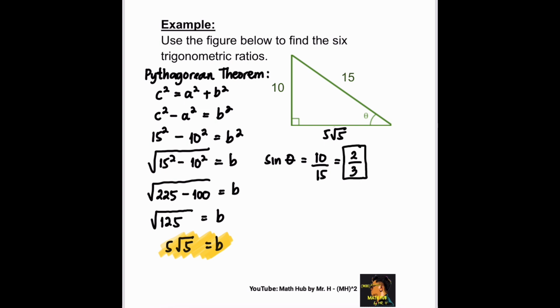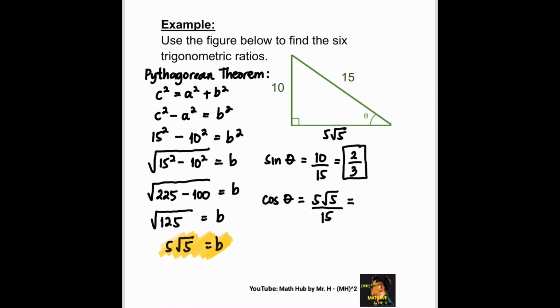So next, we'll have cosine theta equal to adjacent divided by hypotenuse. So adjacent is 5 square root of 5 divided by hypotenuse, which is 15.